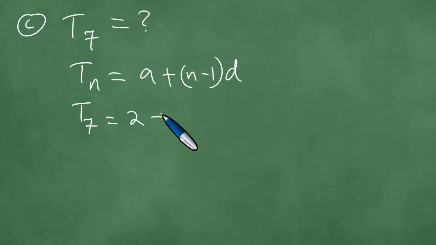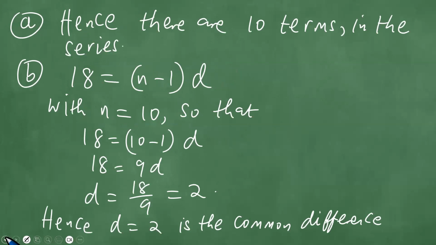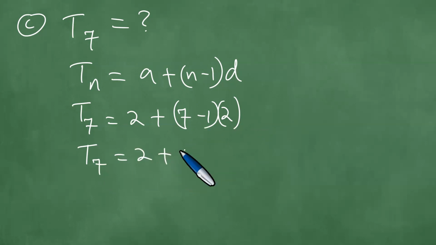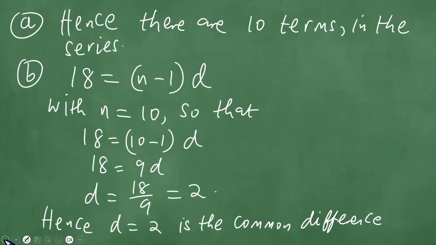So T7 is 2 plus 7 minus 1, because the 7th term, into the common difference, d equals 2. That is 2 plus 6 by 2, which is 12, which is 14. So T7 equals 14.